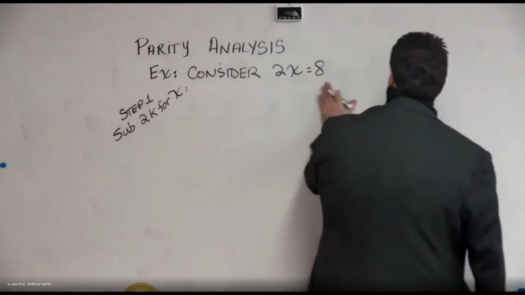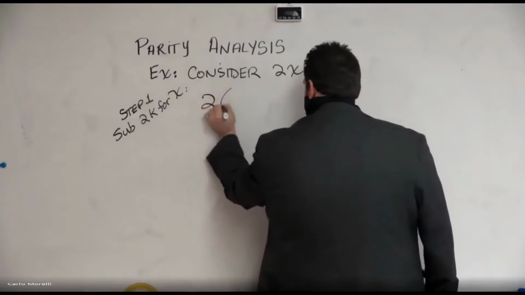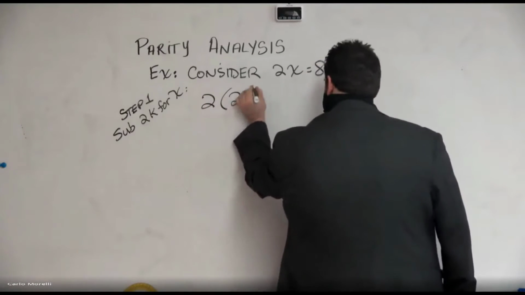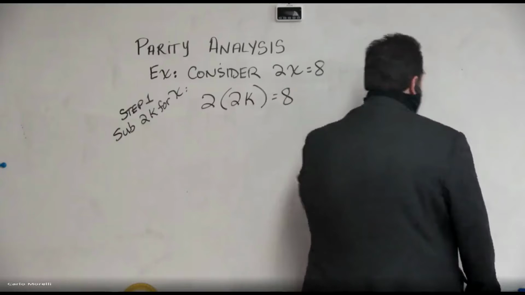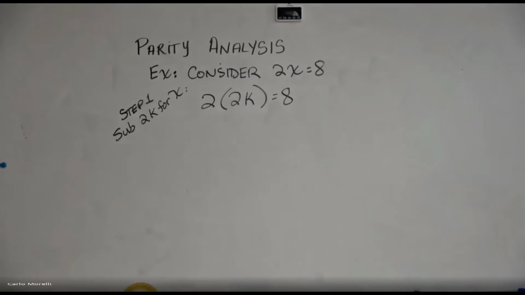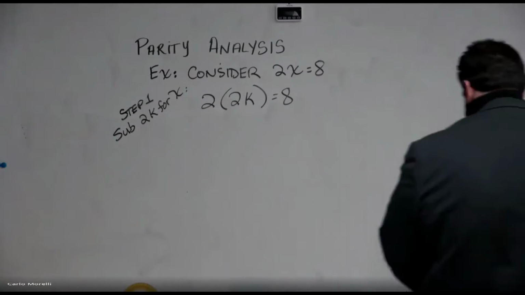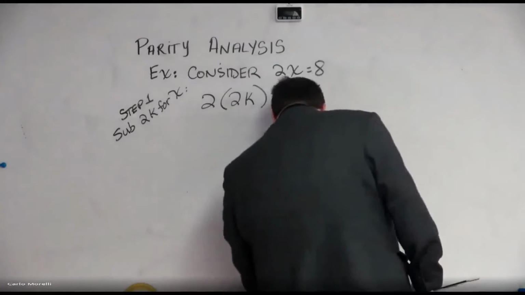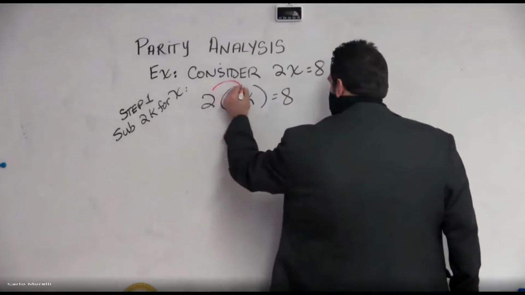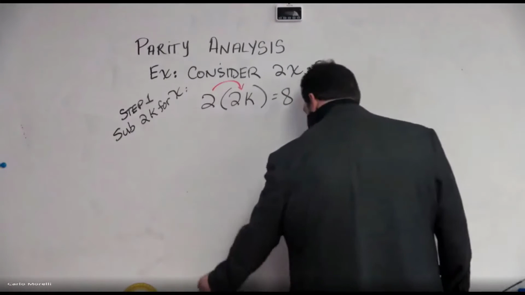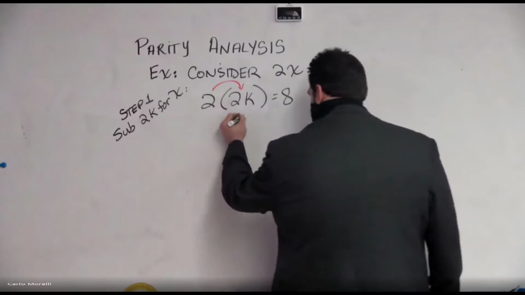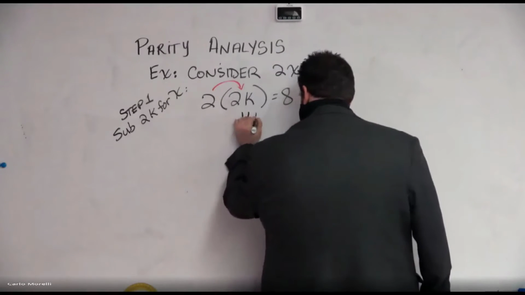Okay, so instead of writing 2x equals 8, I'm going to write 2 times 2k equals 8. Use the parentheses. So all I changed from consider 2x equals 8 to the next line is I just put in 2k where there was an x before. Now, multiply 2 times 2k. What do you get? 4k.